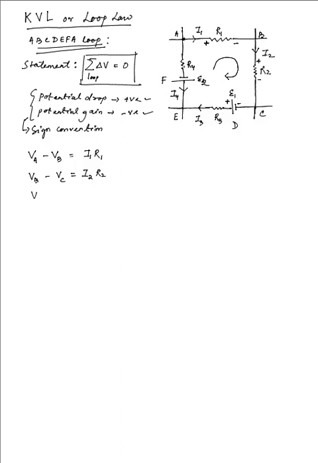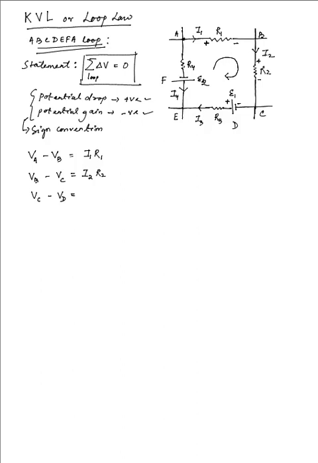So VC minus VD only comprises of the cell as of now, because at the point D, we haven't got any resistance. So between the point C and D, we are only observing the cell with an EMF E1, which provides the potential difference at this point. So E1 is the potential difference.